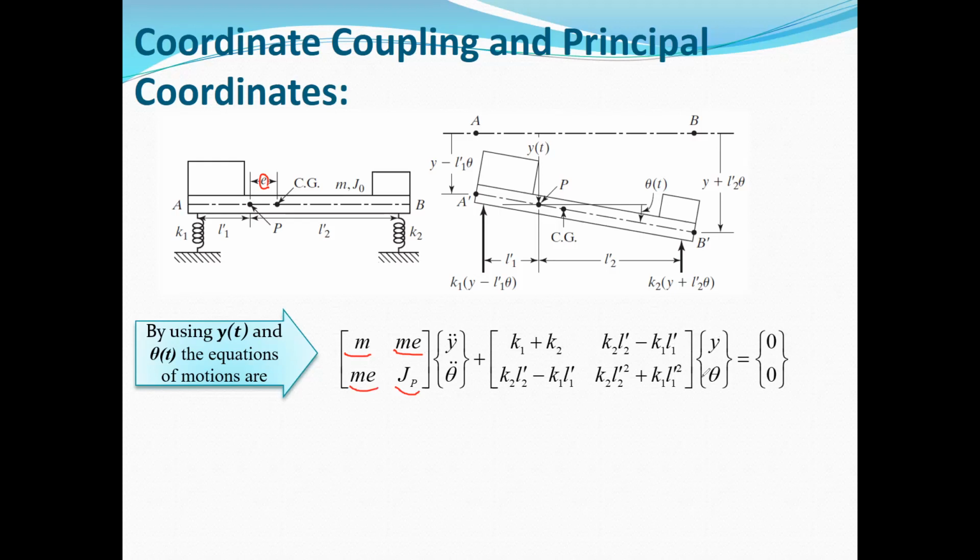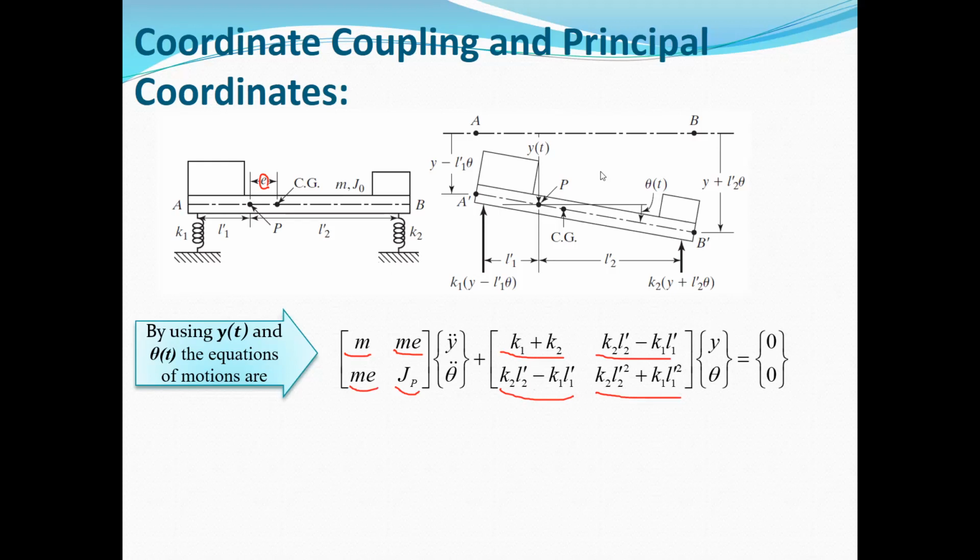Also, in the first and second equation, we have both terms y and theta. Due to these terms, as you can see, the stiffness matrix is not diagonal, so both coordinates appear in the first and second equation.